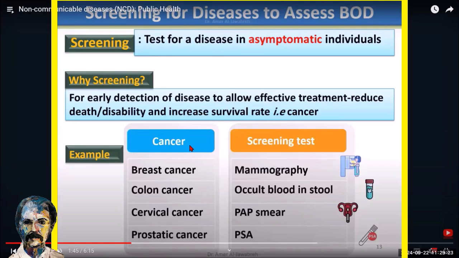The screening is quick, cheap, time saving, and not invasive. But the confirmatory test is going to be time consuming, maybe expensive, maybe invasive, and so on. But you don't make the final diagnosis from the screening. After screening, you go to another step, another stage.